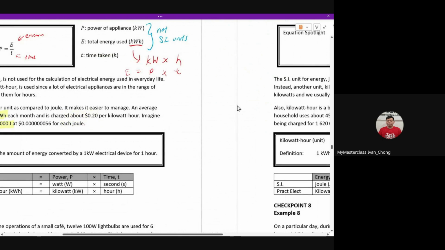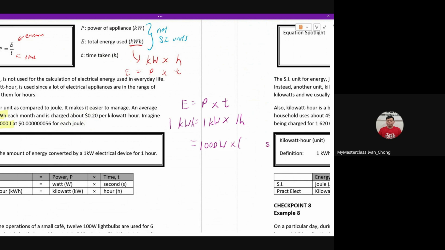I'll just do a quick calculation at the side to show you what I mean. 1 kilowatt hour, let me write down. Energy is power times time. So 1 kilowatt hour is the same as 1 kilowatt times 1 hour. 1 kilowatt, if I change it to watts, I just times 1000. And for time, hours, I'll change it to seconds.